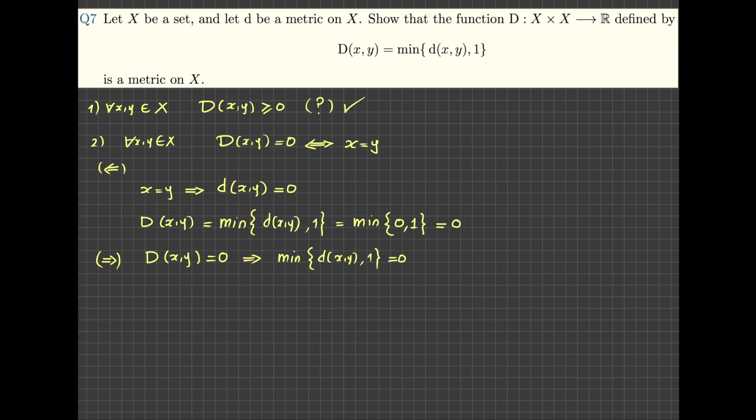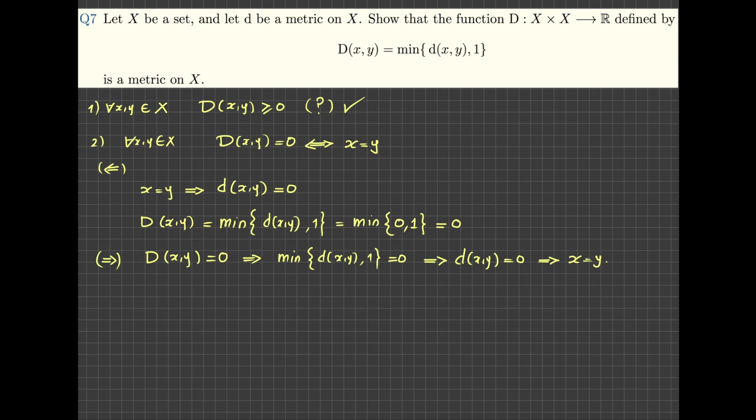Now I'm claiming that little d of X and Y should be 0, because if this number is non-zero, then I have two non-zero numbers, and definitely the minimum of these two non-zero numbers is a non-zero number as well. So if the minimum of a set consisting of two numbers, one of which is non-zero, is equal to 0, there is no way unless the first one is 0. And because little d is a metric, I can conclude that X is equal to Y.